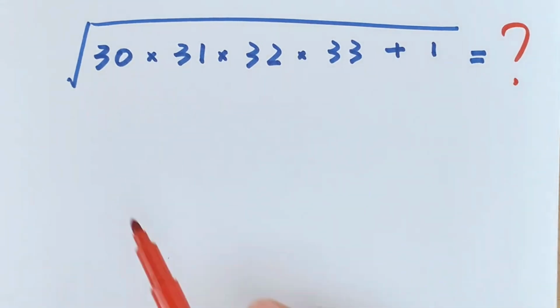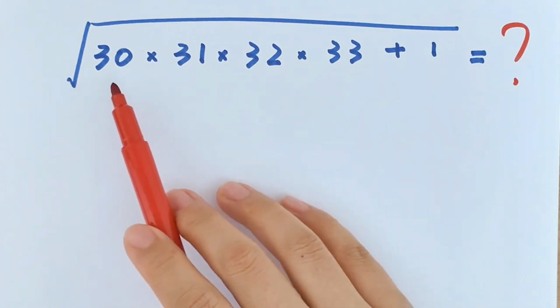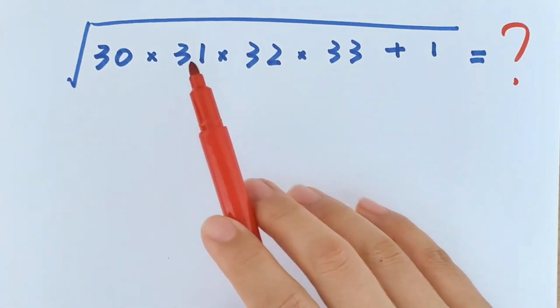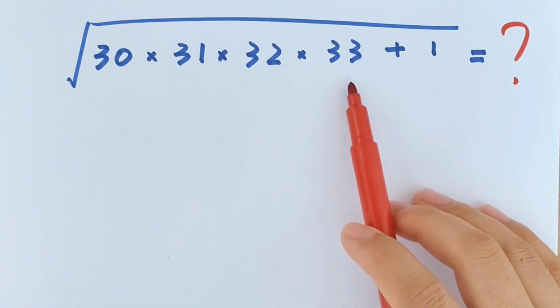How to solve the square root of 13 times 31 times 32 times 33 plus 1.